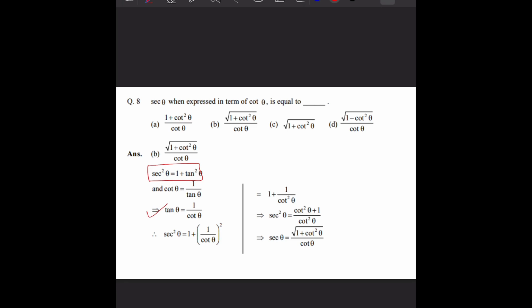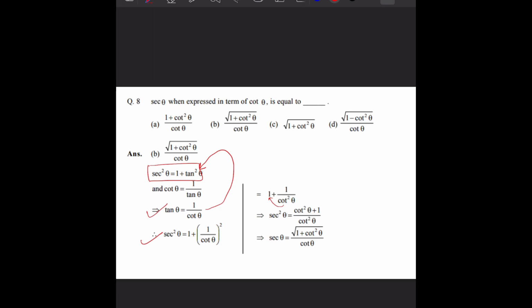I take this tan theta value and put it in this identity. So we get sec square theta is equal to 1 plus (1 upon cot theta) whole square, which is equal to 1 plus 1 upon cot square theta. Cross multiply 1 into cot square theta. We'll get (cot square theta plus 1) upon cot square theta.